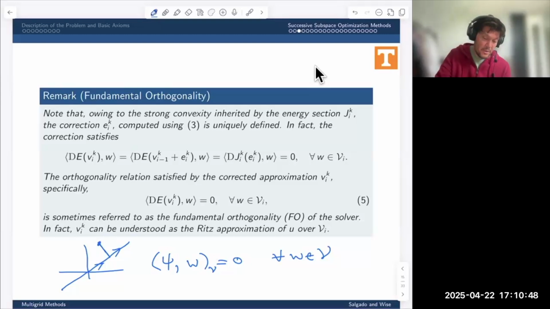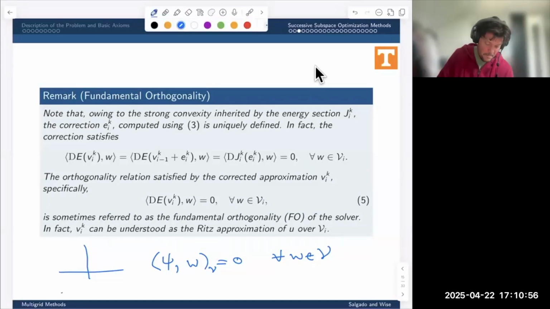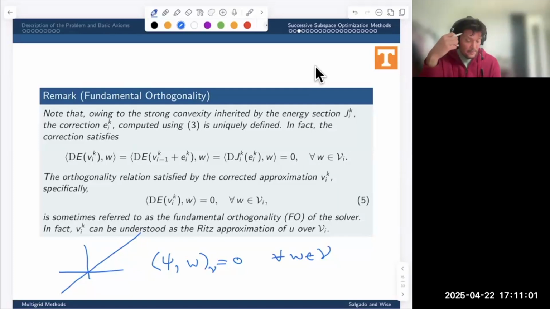What if, how can I be orthogonal to this space in all cases? Well, I think what I need is I need my point to actually be here.